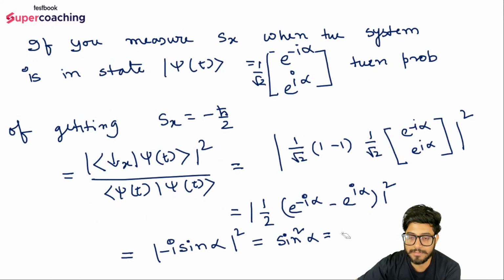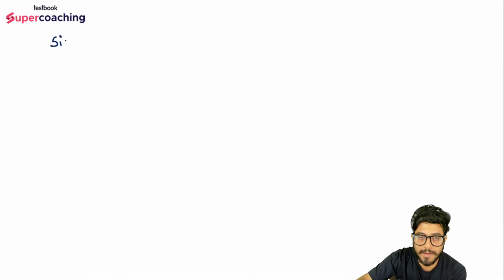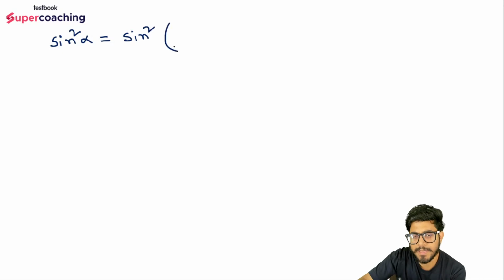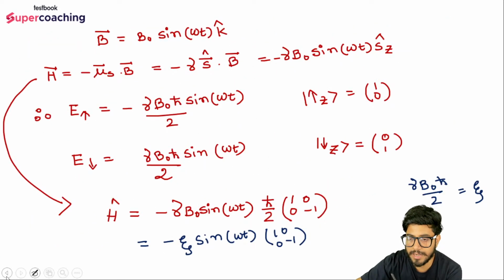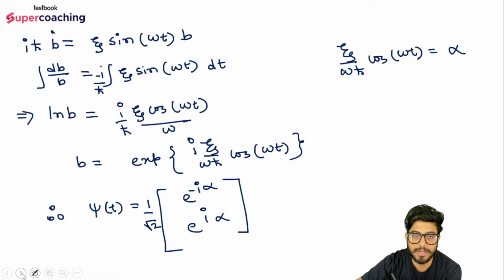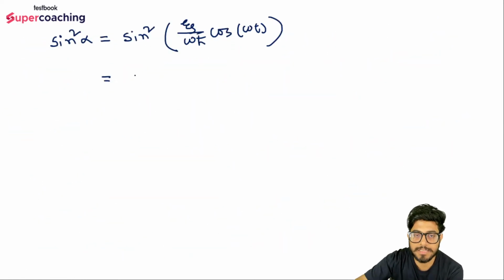So sin square alpha is sin square of zeta by omega h cut into cos omega t. But sir, the value of zeta is something different. The value of zeta I have taken here as gamma b naught h cut by 2. Very good. So I can write it as sin square.